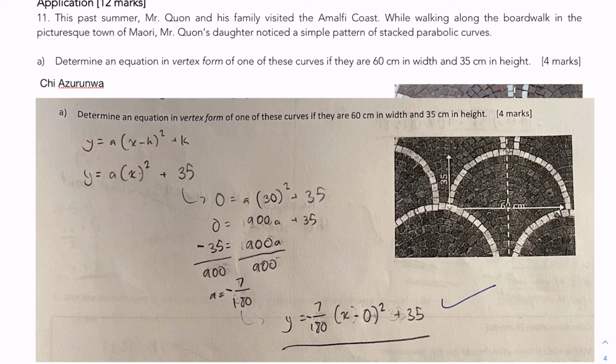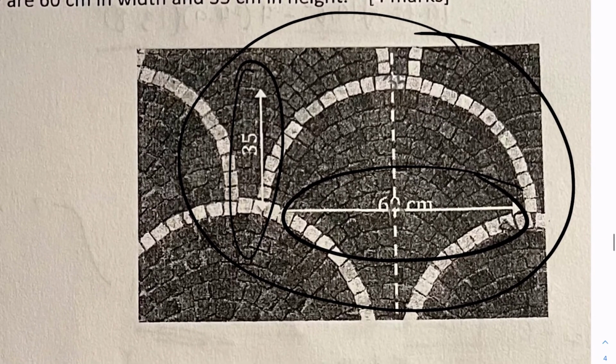We want to determine the equation of one of these curves, given that it's 60 centimeters across and 35 centimeters high. Notice that the 35 and the 60 are drawn in. We're looking at one of these here.